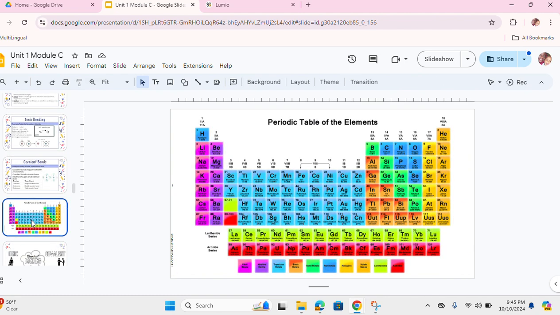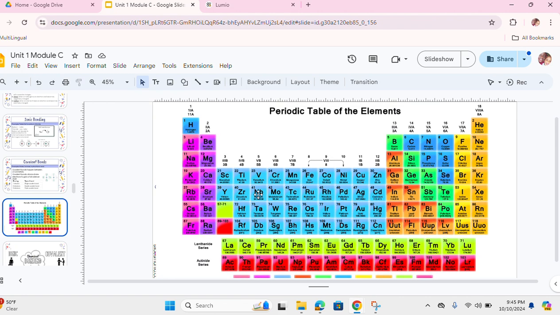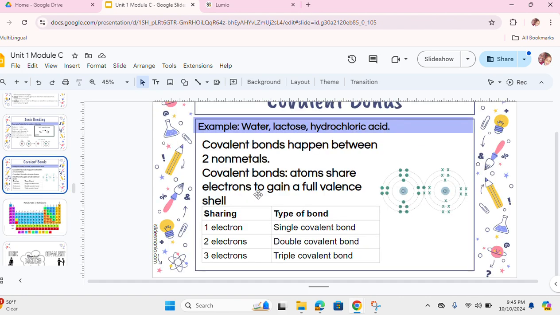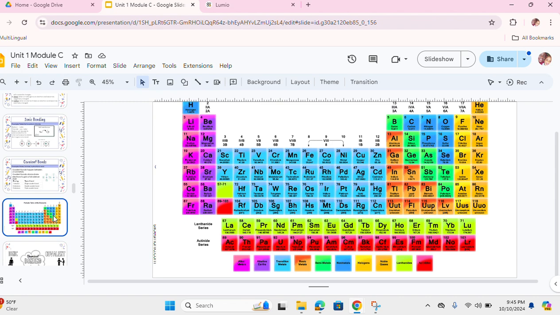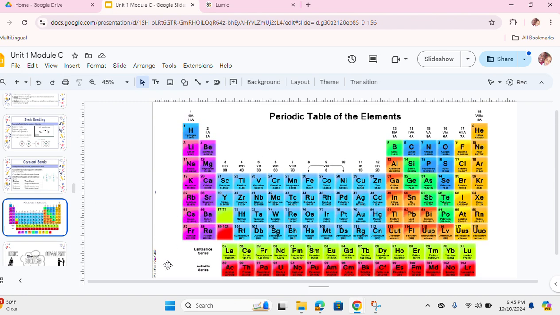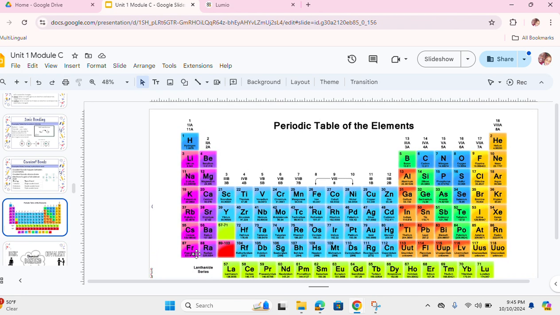Also, with the goal of completing the valence level. Before we get to the bonds, let's look at a shortcut for knowing how many valence electrons there are.